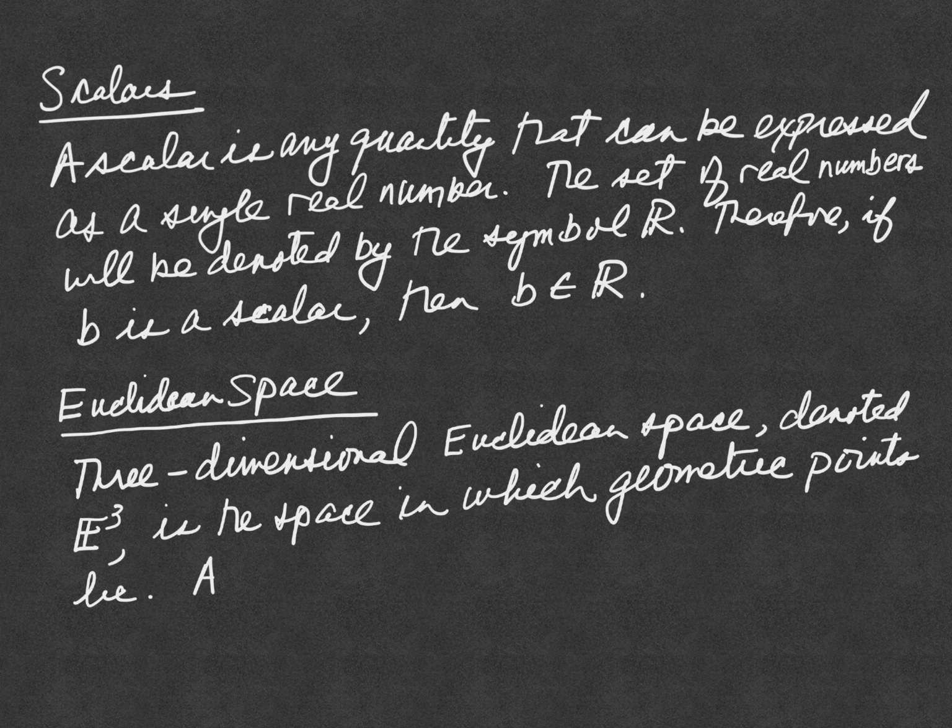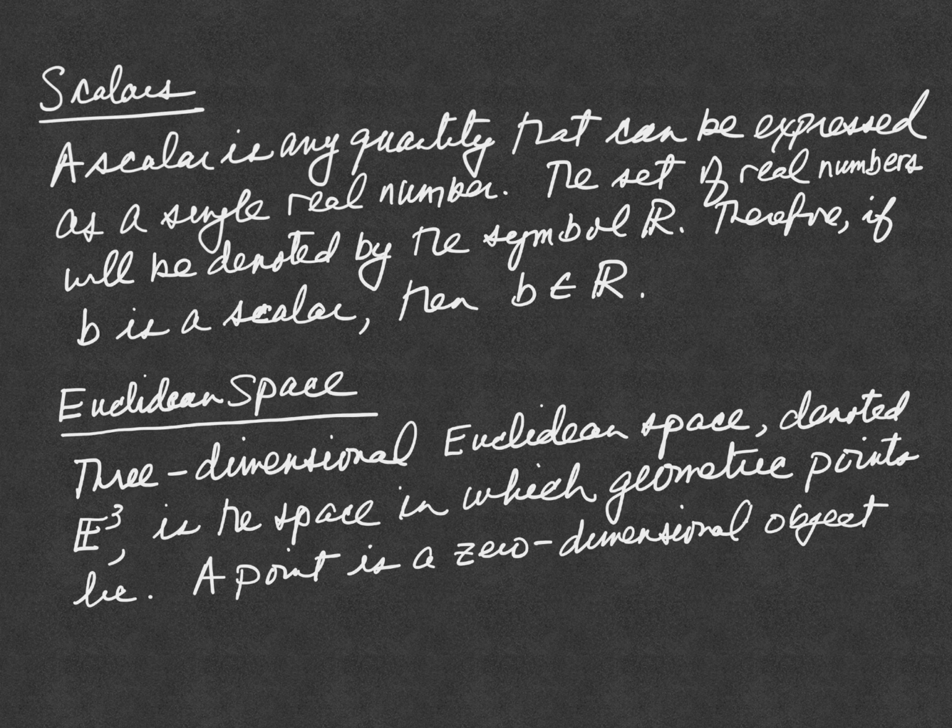Now, a point is a zero-dimensional object in E3. Now, using points and the construct of this space in which these geometric points lie, we can actually define vectors.